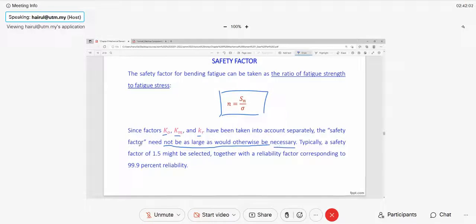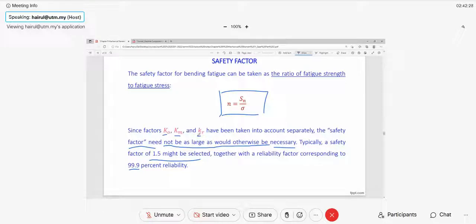Understand what I mean? So don't set your safety factor too high. Typical safety factor of 1.5 might be selected for gears. When you calculate your safety factor, 1.5, 1.6, don't go for like 6 point something, 4 point something, because you are wasting too much in terms of the strength of the gears. Together with a reliability factor corresponding to 99.9% reliability.